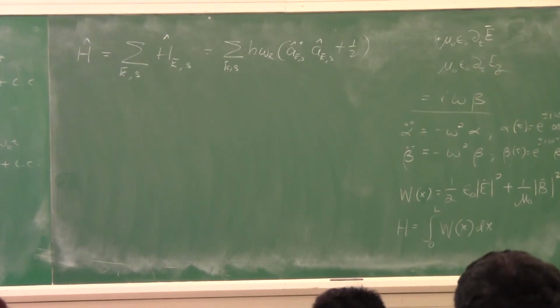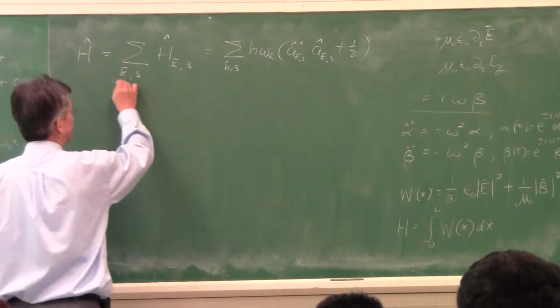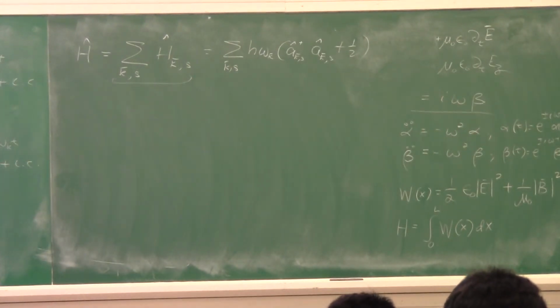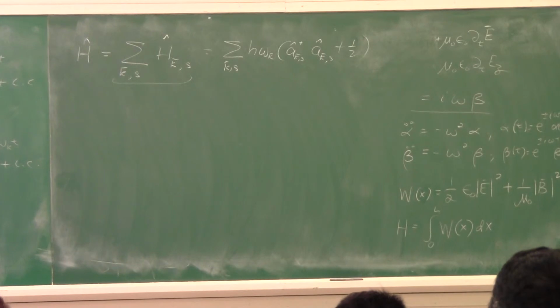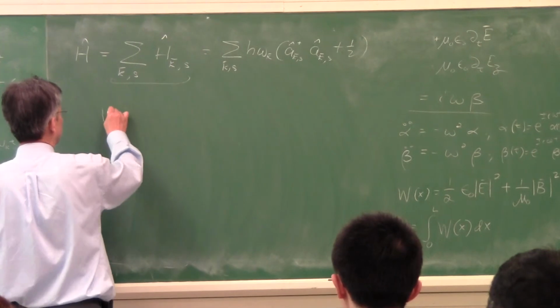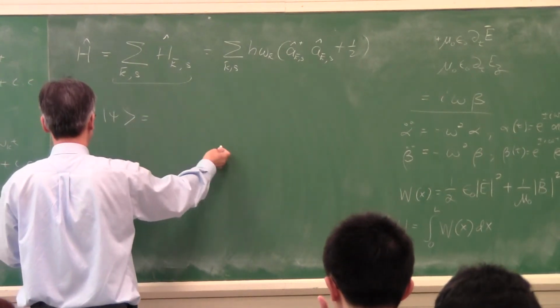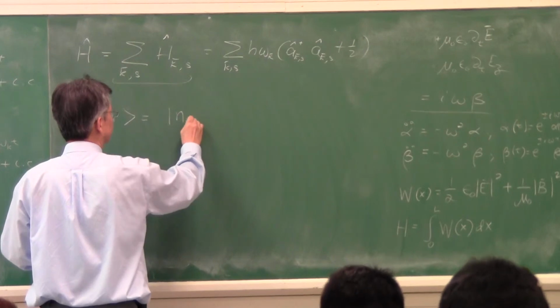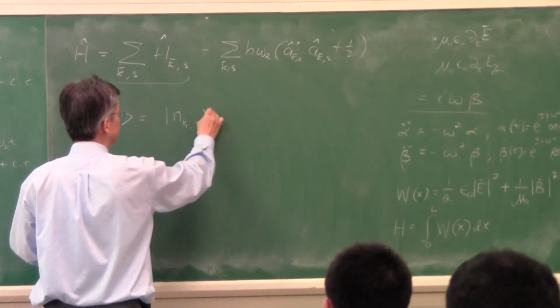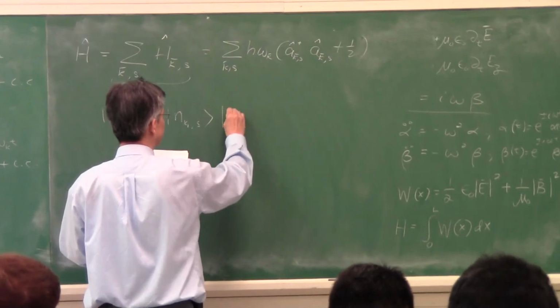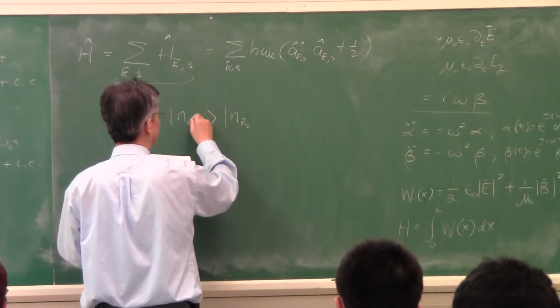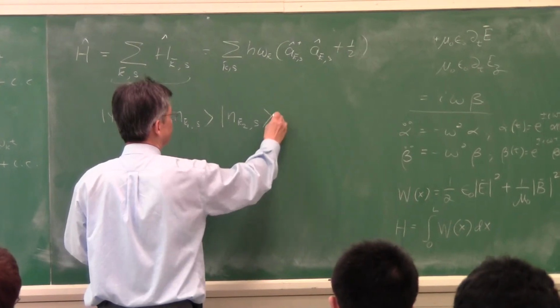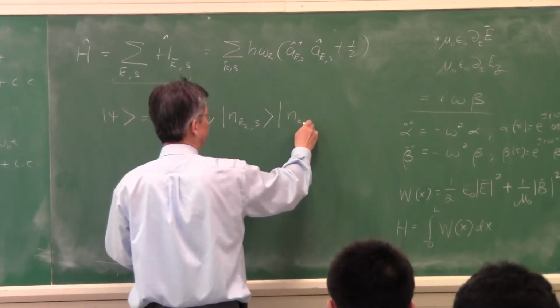Okay. So this is like a sum of different Hamiltonians, with different k vectors. And if you have a sum of Hamiltonians, then you should define the quantum state as products of number states: say you have wave number k1, you have this number state in k1 times wave number k2 times this, and these are called product states.